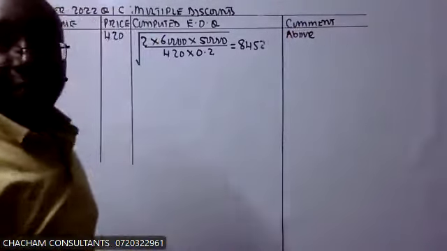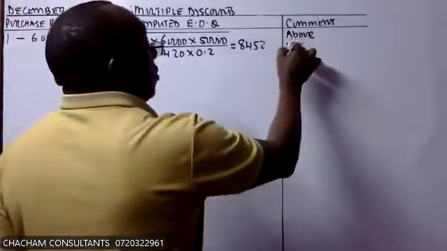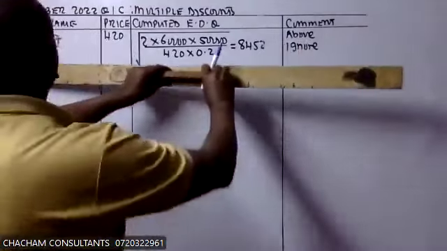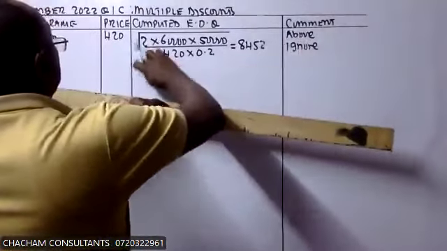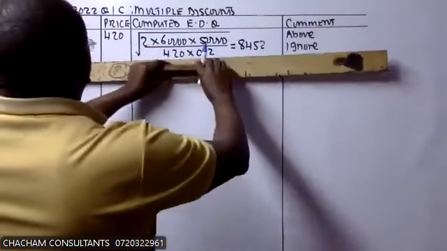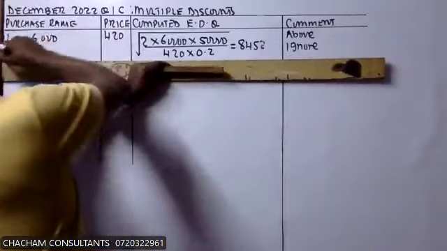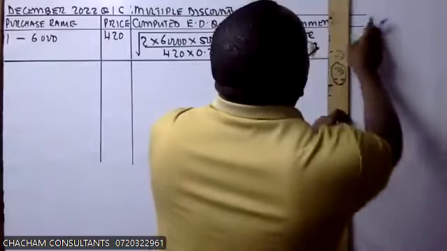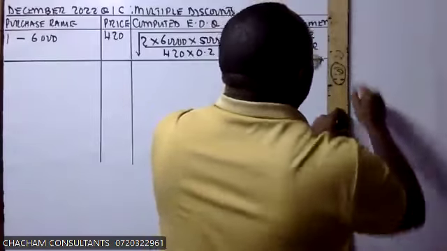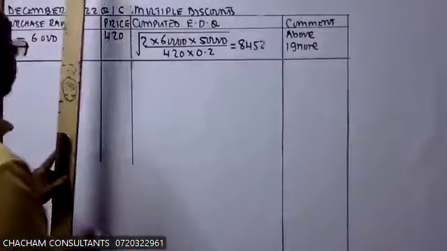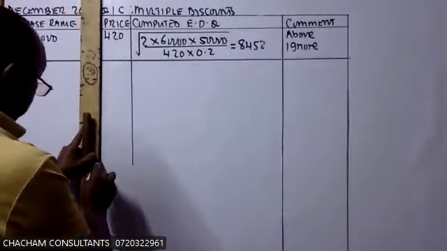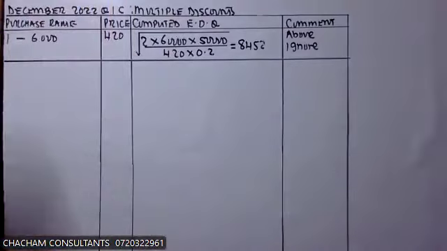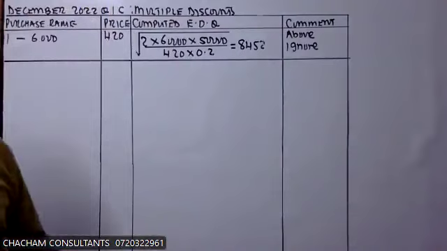So if it is above, what we do, we ignore. So we go to the next range.